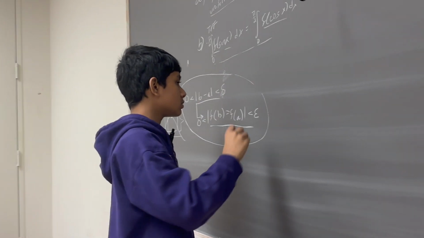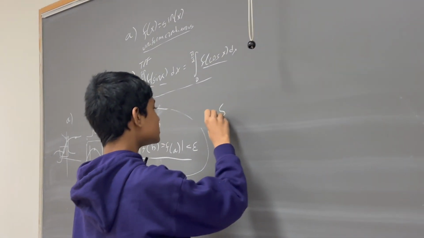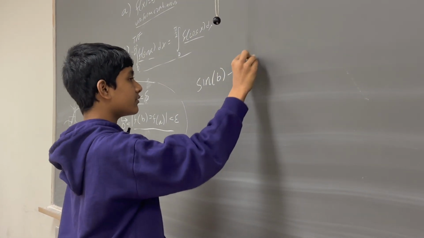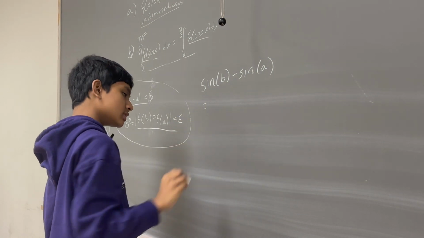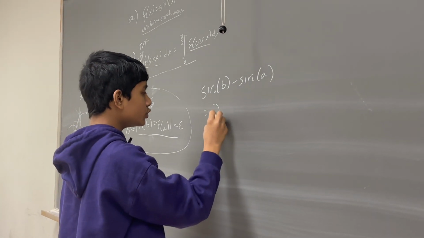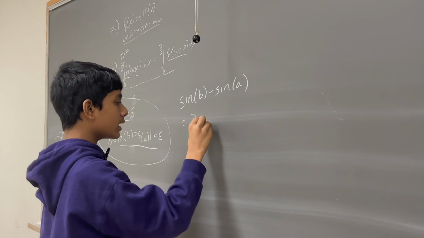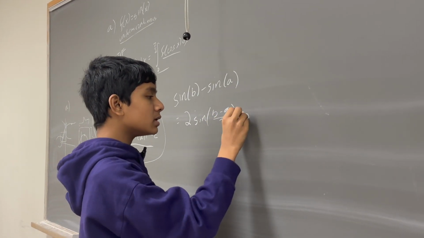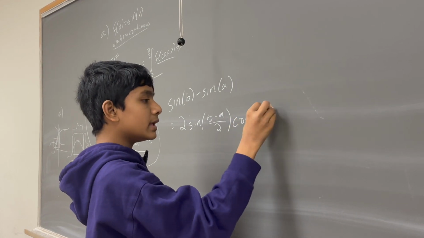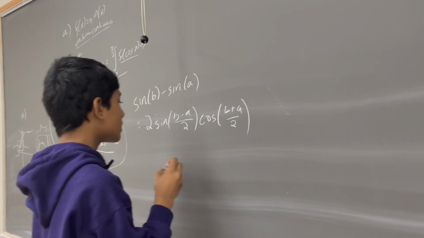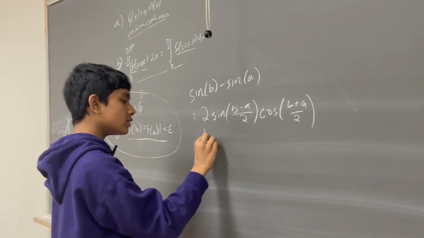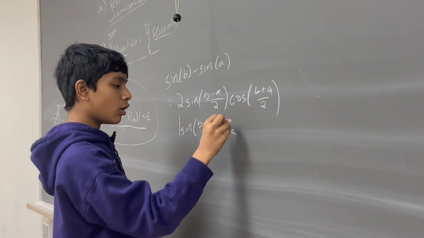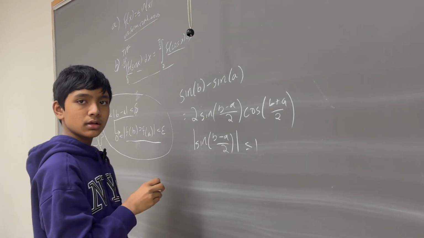Well, we know that sine of b minus sine of a is actually equal to 2 times sine of (b minus a) over 2 times cosine of (b plus a) over 2. But here's the thing. The absolute value of sine of (b minus a) over 2 is always less than or equal to 1.